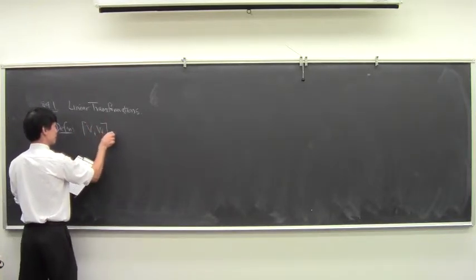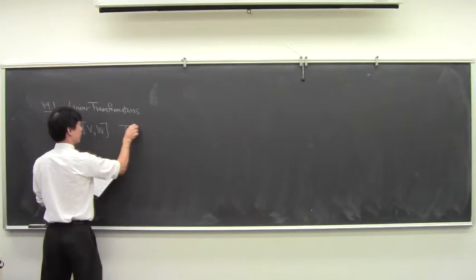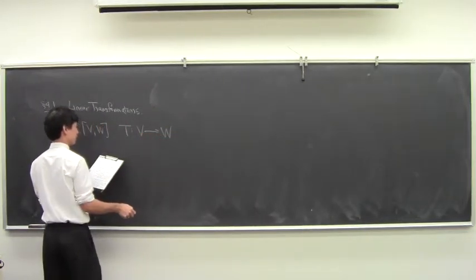Suppose you have two vector spaces, V and W, and you have a map T going from one to the other.